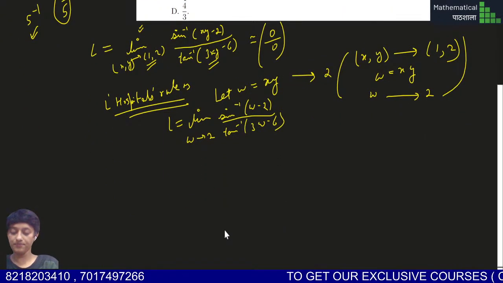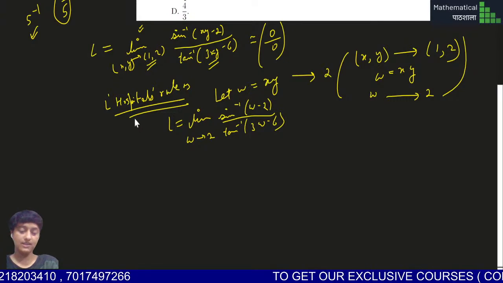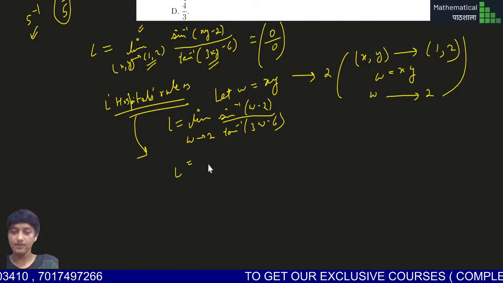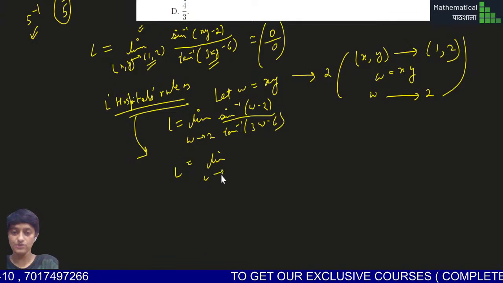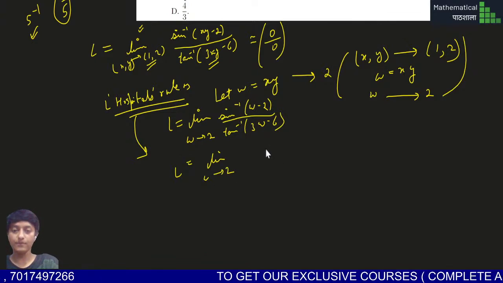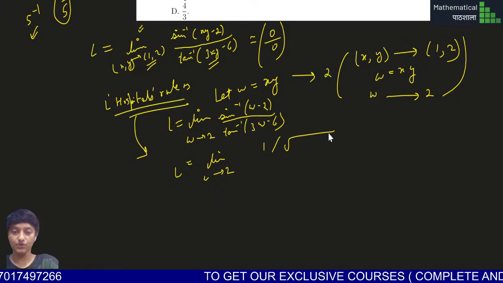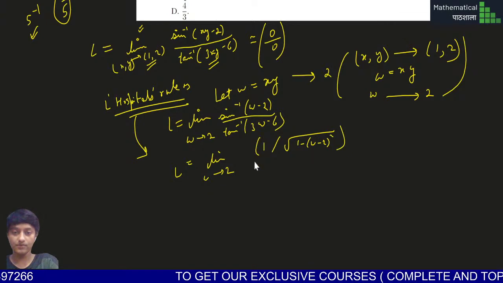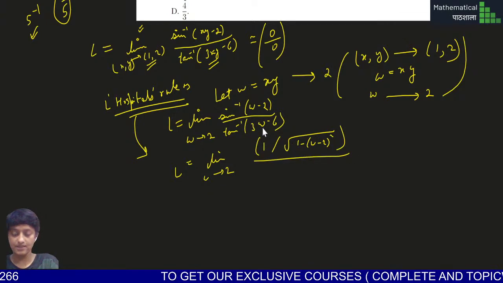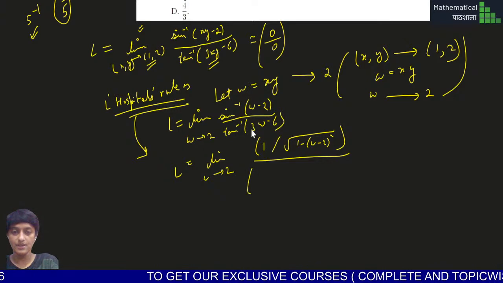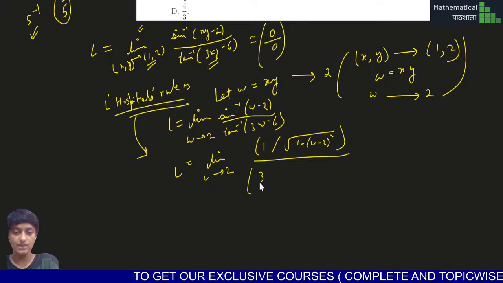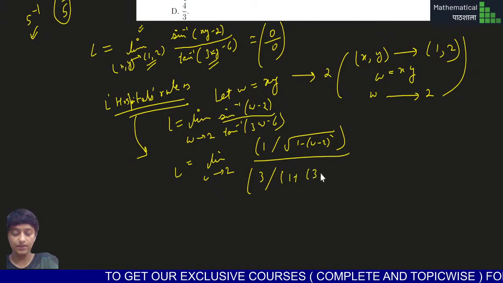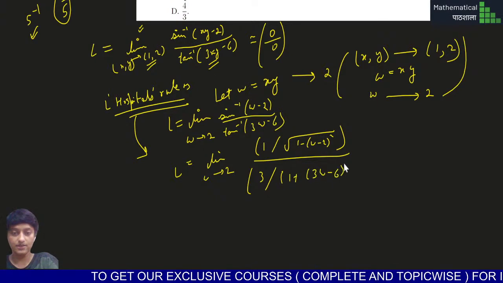So, as Nikita suggested, we will apply L'Hopital rule here. Then we will get the limit as W tends to 2. We differentiate the numerator: 1 upon root of 1 minus (W minus 2) whole square, whole upon the derivative of tan inverse x, which is 1 upon 1 plus x square. We differentiate the 3W also, so 3 upon 1 plus (3W minus 6) whole square.